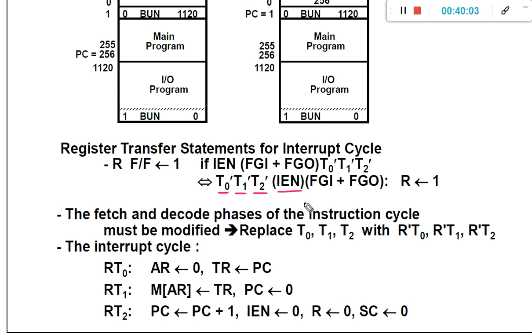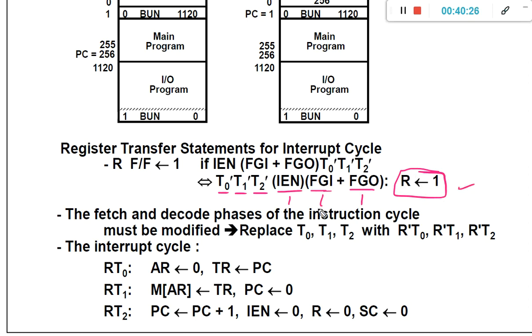IEN represents the interrupt enabled flag. FGI represents the input flag. FGO represents the output flag. So whenever IEN is equal to 1 and either FGI or FGO is 1, we set the interrupt flip-flop to 1.